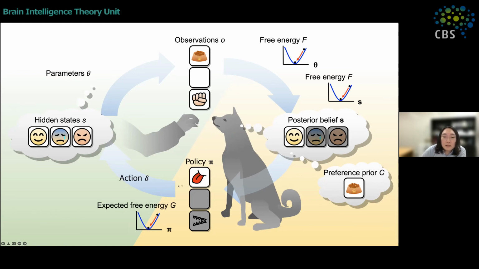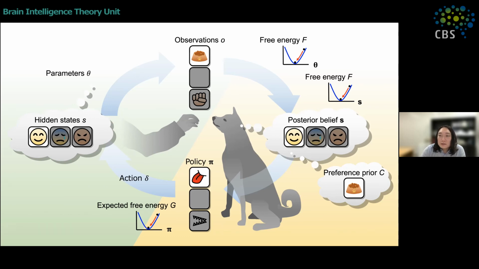And by generating actions that minimize future free energy, this dog can finally attain the feed as the dog expected. So interestingly, this framework can account for both perceptual and active inference.